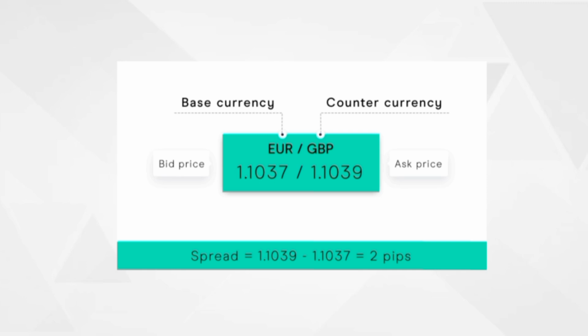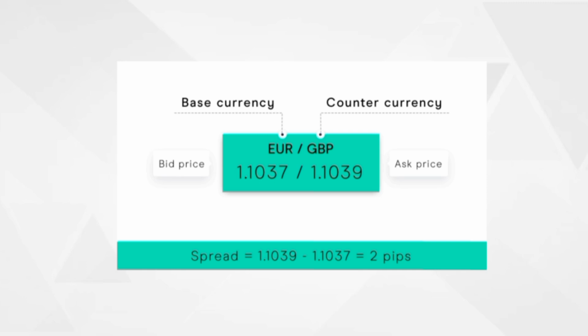Some spreads can be very high while some can be very low. It all depends on the market session that you are in. Always ensure that when you are trading, you don't go for a high spread.